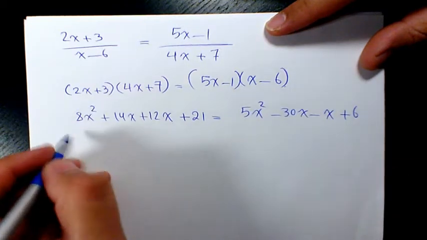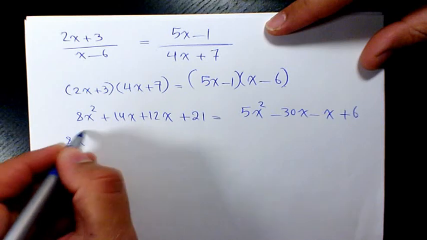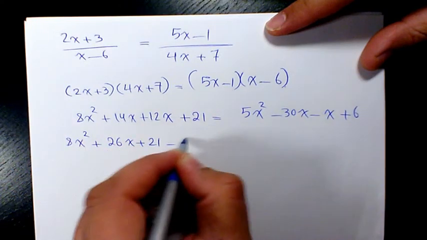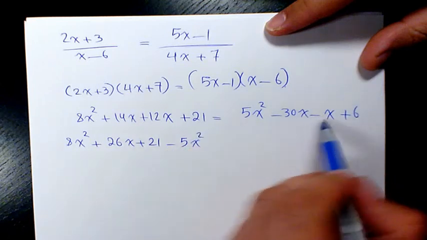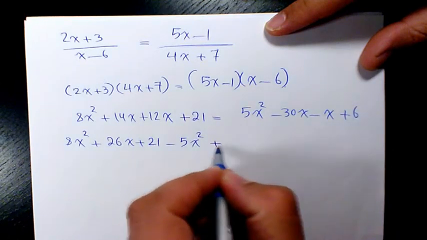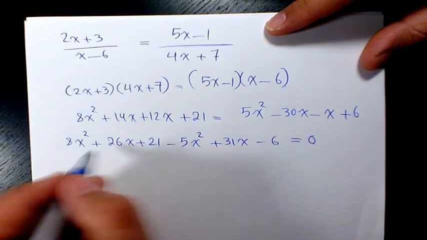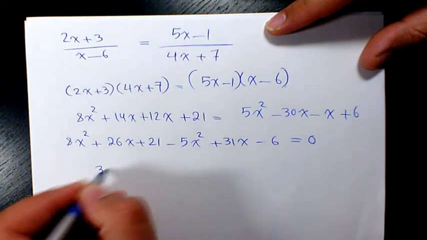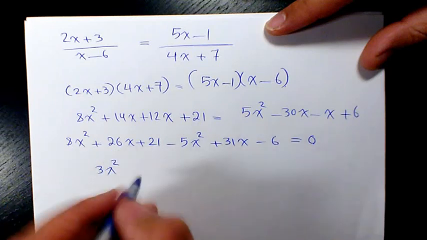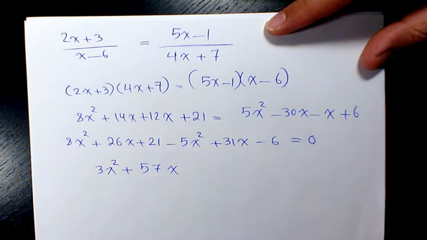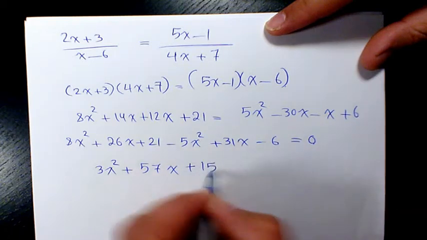Move everything to one side. 8x squared plus 26x plus 21 minus 5x squared. These two together is negative 31. When you move it to the other side, it's going to be positive 31. 6 is going to be negative 6 equals 0. 8 minus 5, 3x squared. 26 plus 31 is going to be 57x. 21 minus 6 is going to be 15 equals 0.